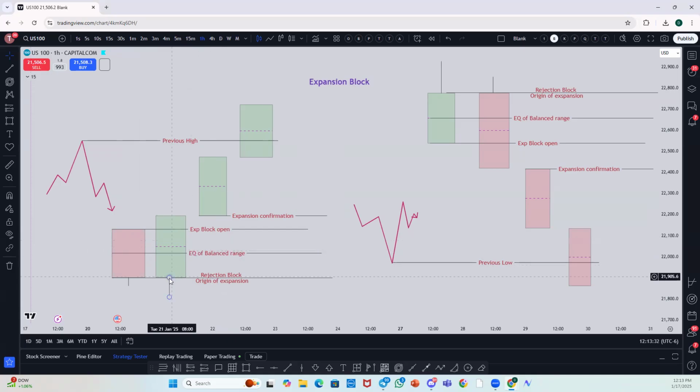The next key level that we have to look for in an expansion is the second candle that closes consecutively in the same direction. This is your expansion confirmation. So bearish expansion confirmation here, 2 consecutive candles down.